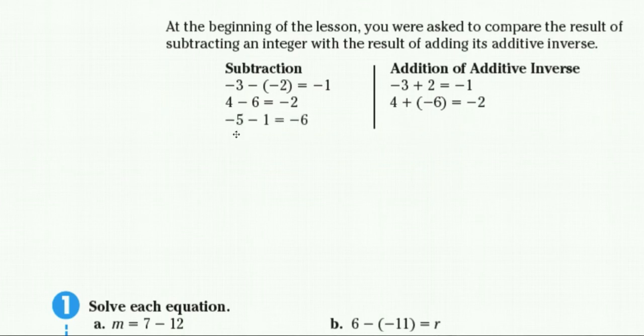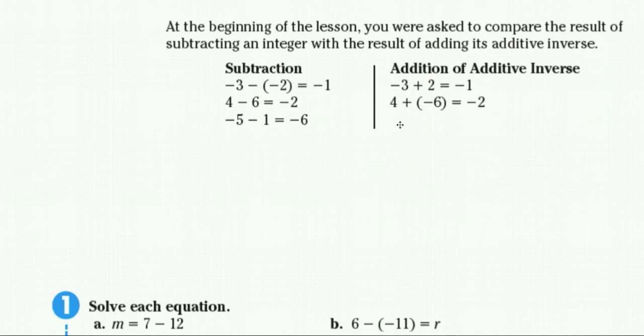The next example: we have negative 5 minus 1 equals negative 6. Again, using counters, we were able to establish this. When we use the additive inverse property, we simply get the additive inverse of 1 and add it to negative 5.